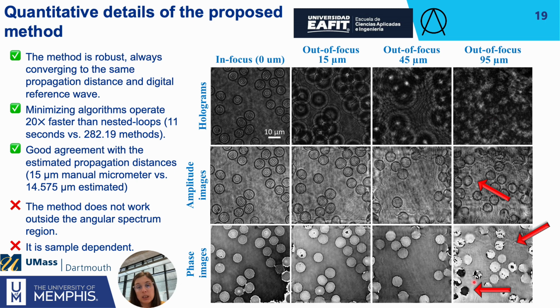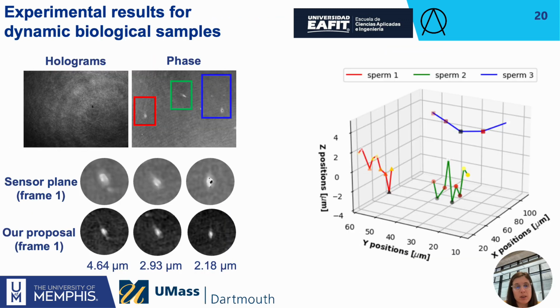The other thing is that it sometimes depends on your cell density and your sample, so we need to find out why we are sometimes not getting the best results. But overall it's definitely faster than doing the same process with nested for loops. And when we compare the manual values from the micrometer with the estimated ones, they are really close, showing that we are not getting any weird estimations.